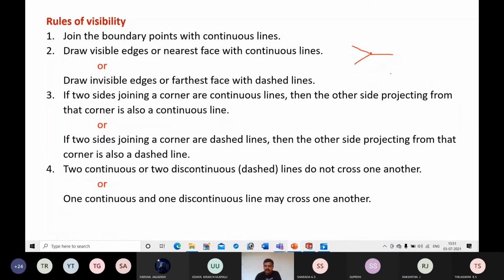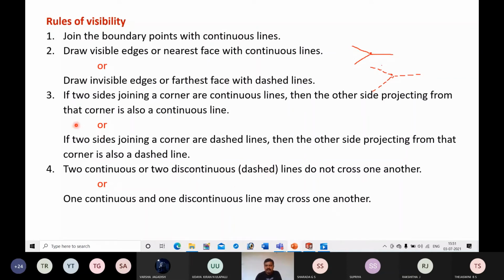If a corner point is connected by two dashed lines, the one more line projecting from it should be a dashed one.